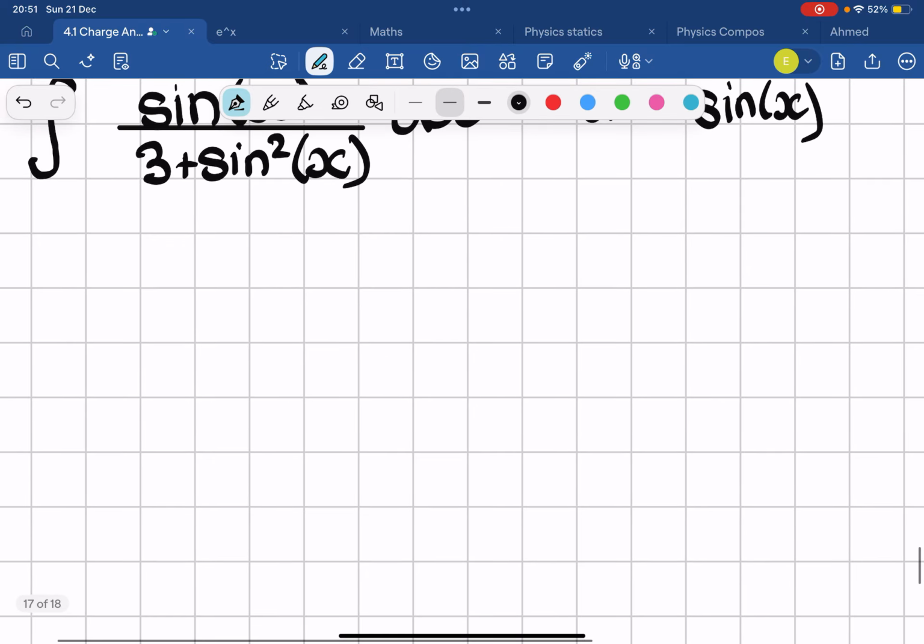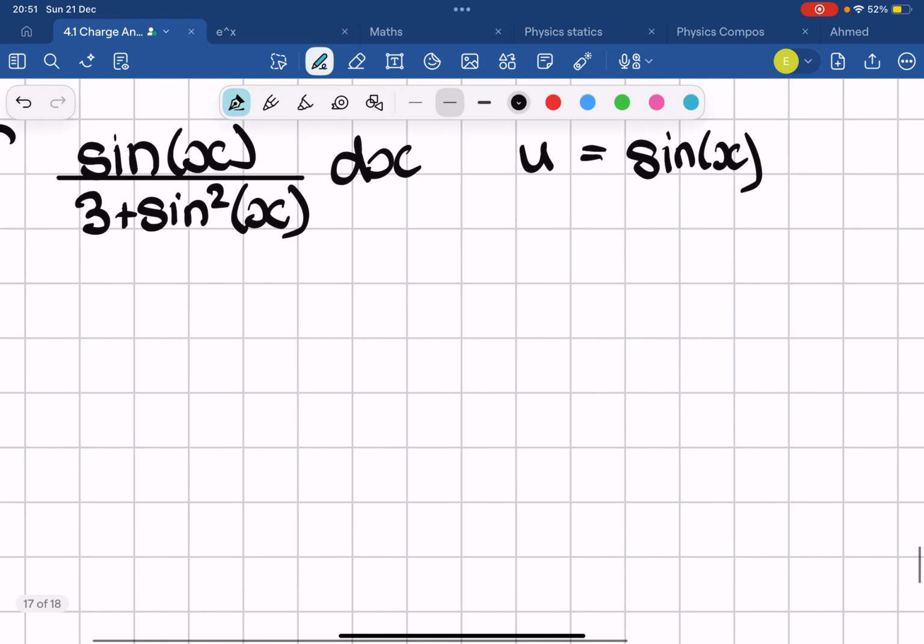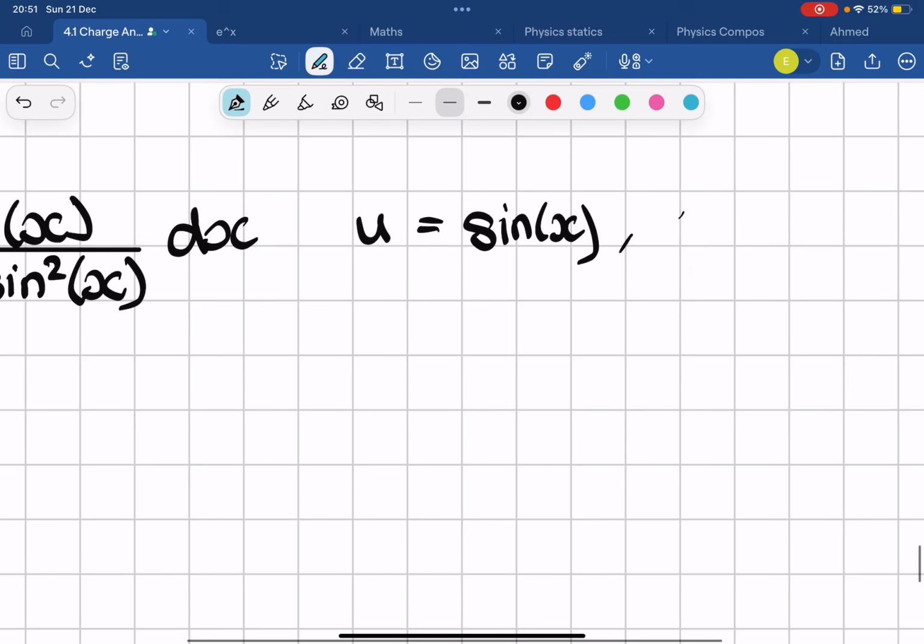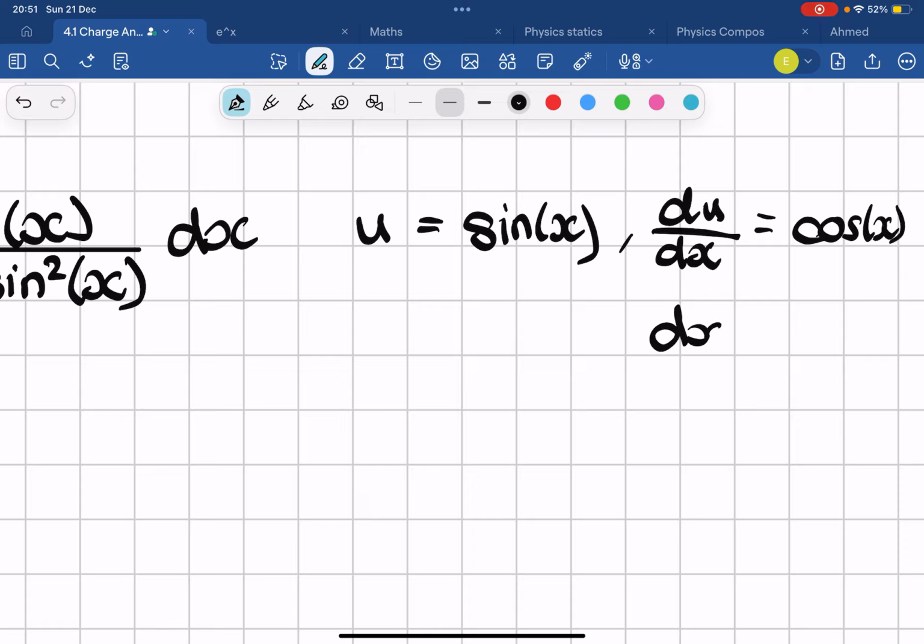Alright, let's sub in u. Well, before we do that, let's differentiate u with respect to x. So we get cos x. Let's rearrange for dx. So we get 1 over cos x du.